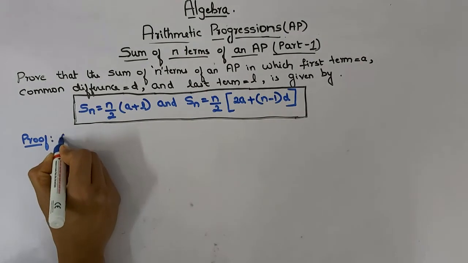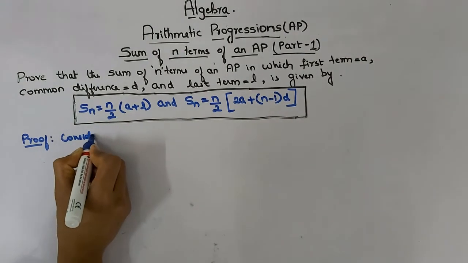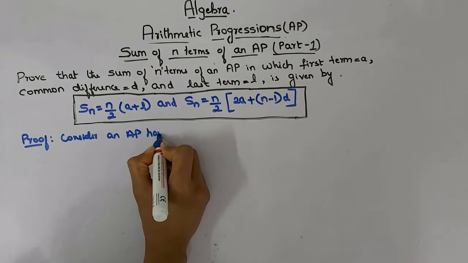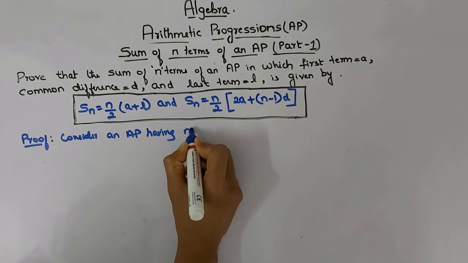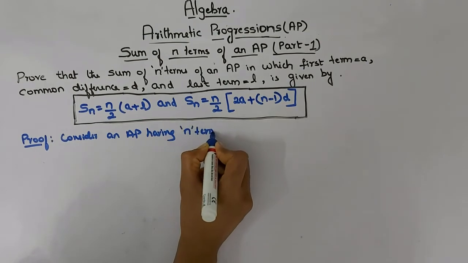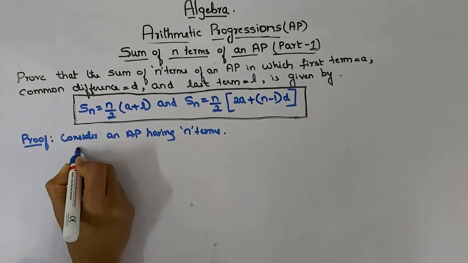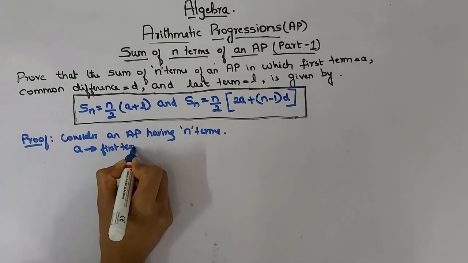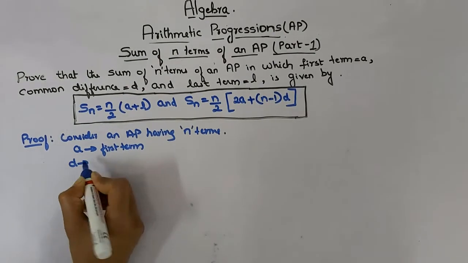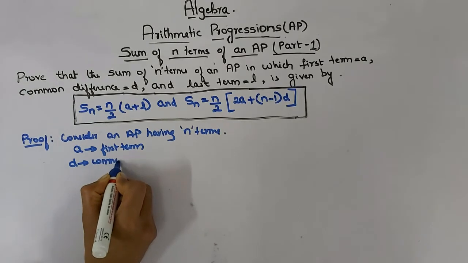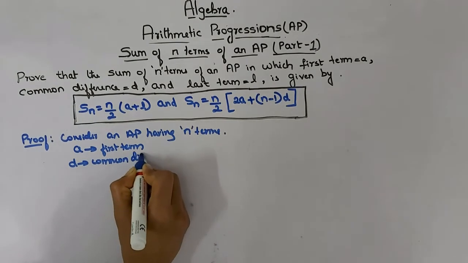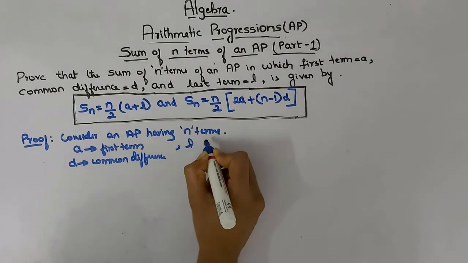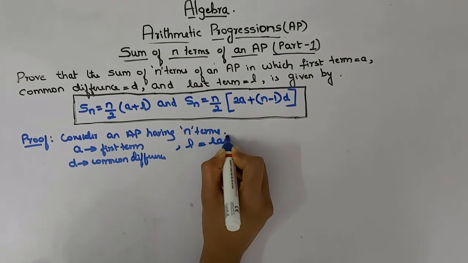So first let's consider an AP having n terms in which a is your first term and d is your common difference, and we have l which is your last term.